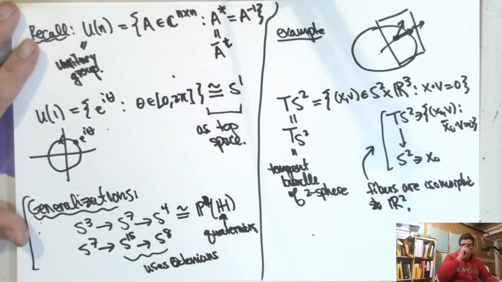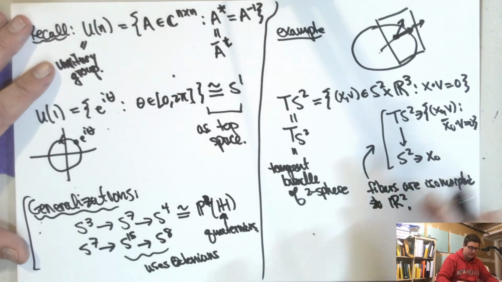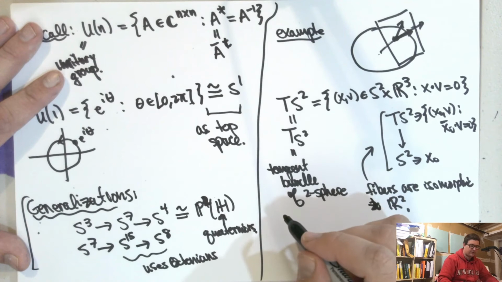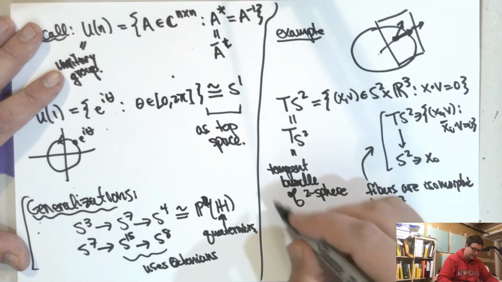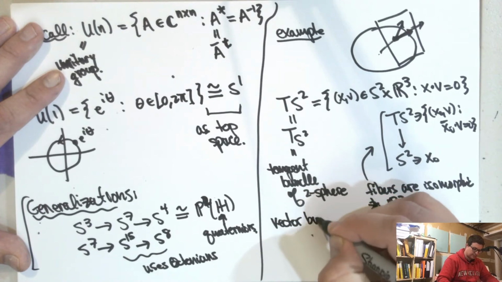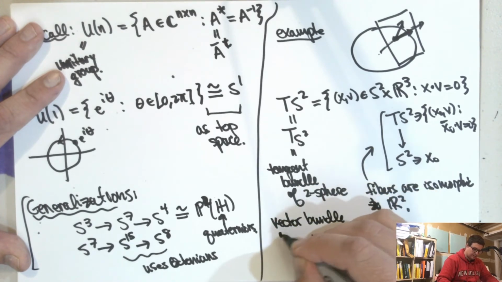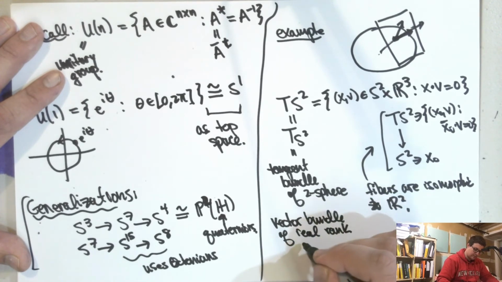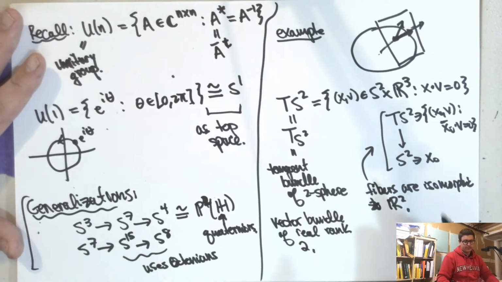Okay? So this is what's called a two-dimensional real vector bundle. So a vector bundle of real rank 2. Or maybe a real vector bundle of rank 2.